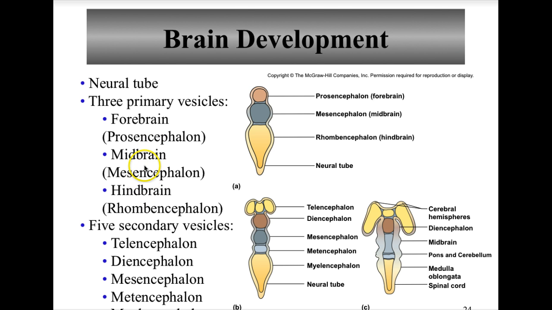The forebrain develops into the cerebrum, the basal nuclei, and the diencephalon of the adult brain. The midbrain will develop into the midbrain, and the hindbrain develops into the adult brain's pons, medulla oblongata, and cerebellum.